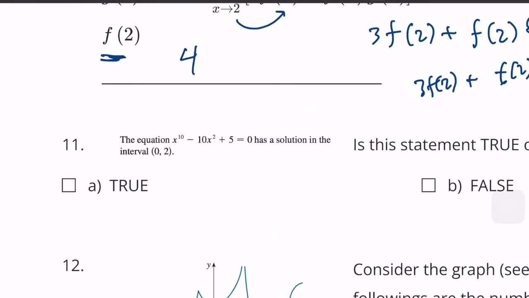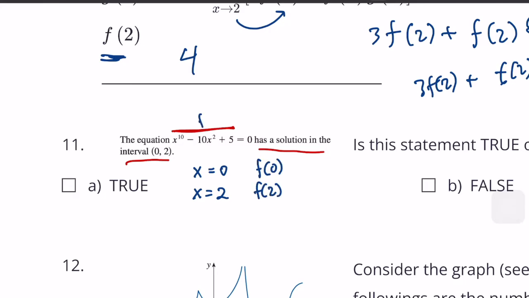The other question here, these equations, you have a statement that says it has a solution in the interval 0 to 2. In the examples that I'm showing you, and also several examples maybe you see in the textbook, you will notice that they mostly use the endpoints, like for example x equals 2, x equals 0, and then you check.